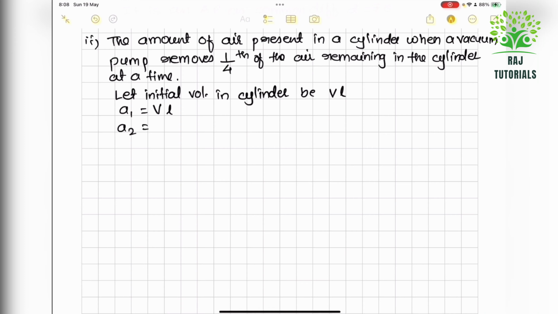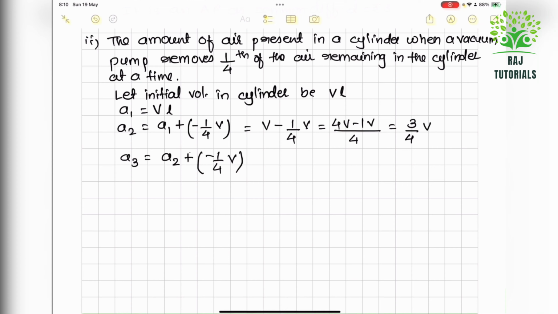Now A2 will be A1 plus, every time I am removing 1/4. Removing means negative 1/4 V. So this will be V minus 1/4 V. So if I do LCM 4, so 4V minus 1V. So that will be 3/4 V.